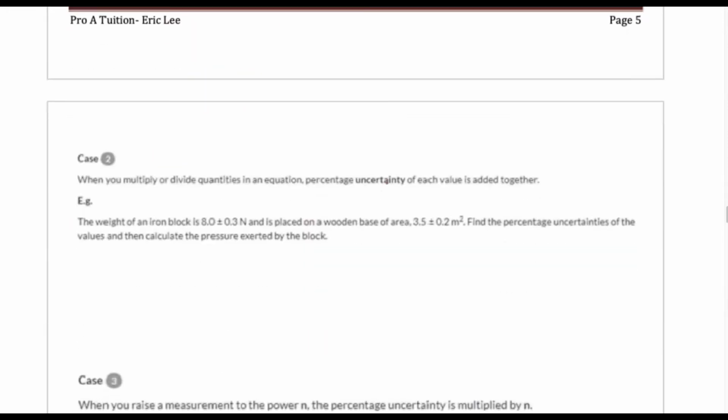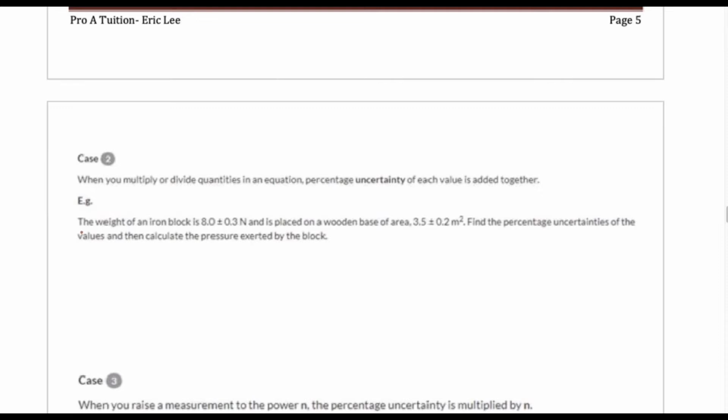Case 2: when you multiply or divide quantities in an equation, the percentage uncertainty of each value is added together. Same as what you saw in the previous part. Now we see the example.